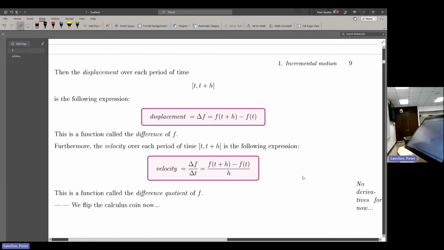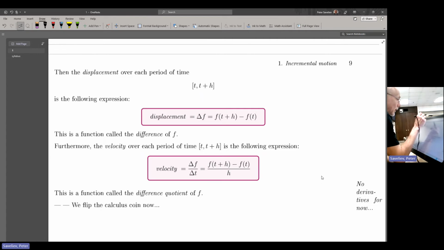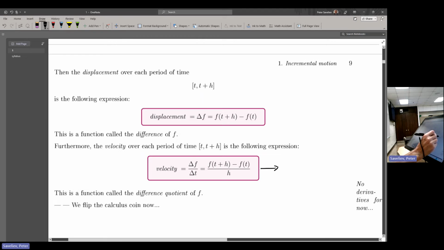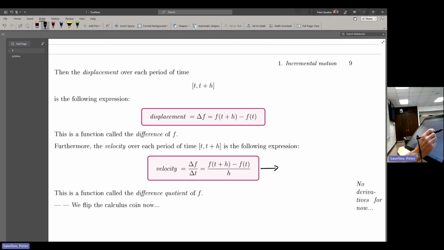And of course, you remember that the limit of the difference quotient is the derivative, as h goes to 0, so that's an arrow. Right now we're still doing what I call discrete or incremental calculus, but nonetheless, let's keep an eye on the calculus as we know it. So the difference quotient, arrow.